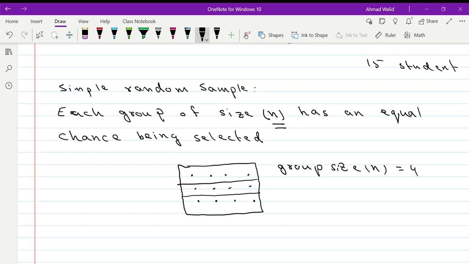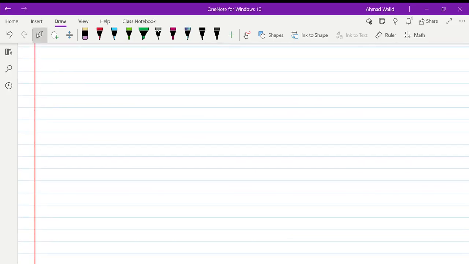Correct? There are 4 common sampling ways that you can choose a sample. Correct?